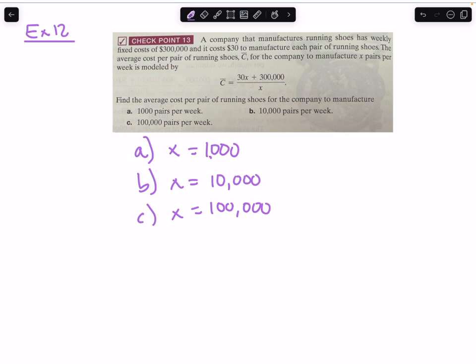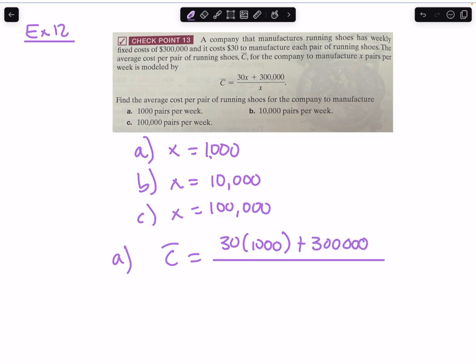Okay, so let's go ahead and start with part A. We want to substitute into the formula that we have right here, that model. We want to substitute in X equals 1,000 in both places. Okay, so C bar equals 30 times 1,000 plus 300,000 divided by 1,000. Well, 30 times 1,000 is 30,000 plus 300,000 divided by 1,000.